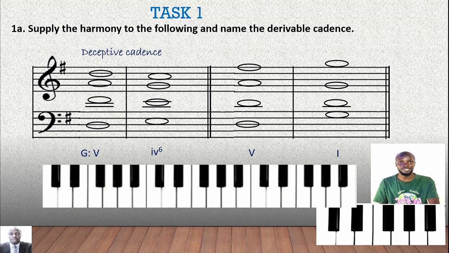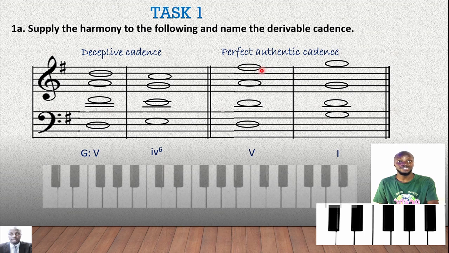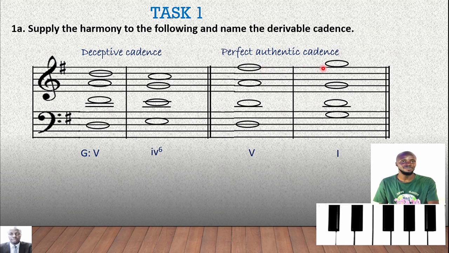Not just perfect cadence, but perfect, authentic cadence because of the progression. The bass progresses from the dominant back to the tonic, and the soprano progresses from the leading note back home to the tonic, right? So that's a perfect, authentic cadence.